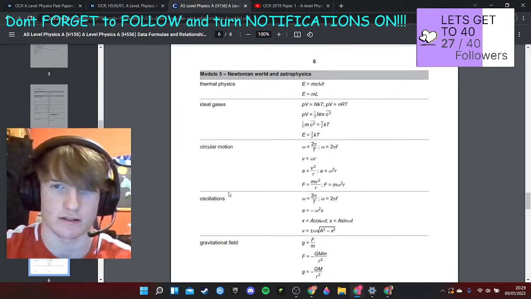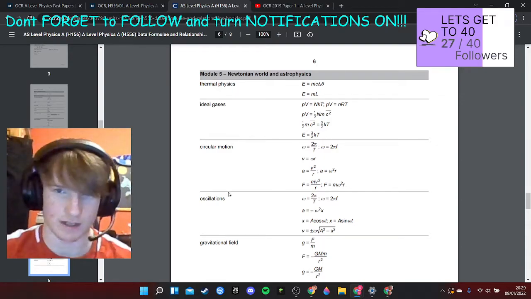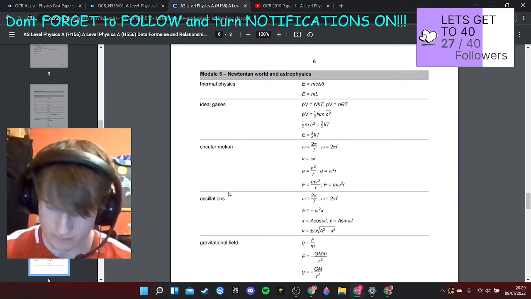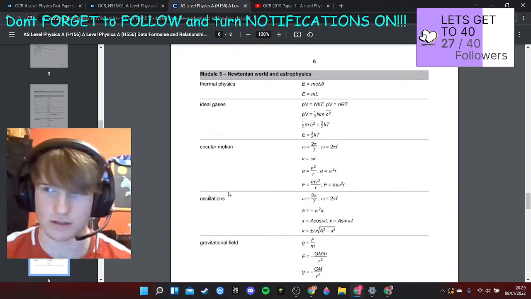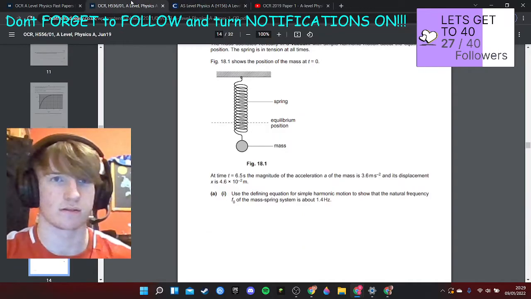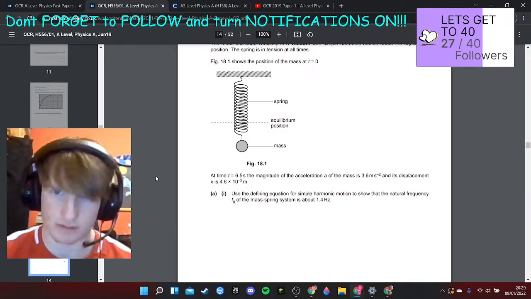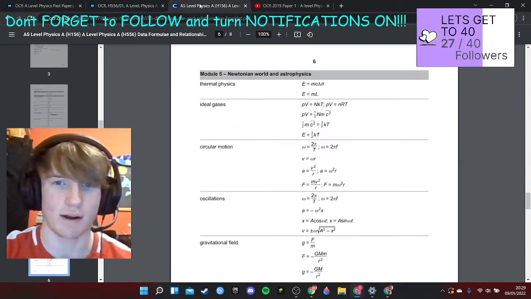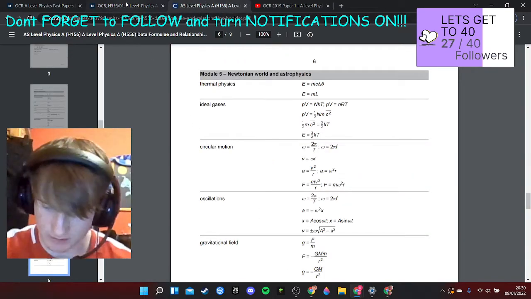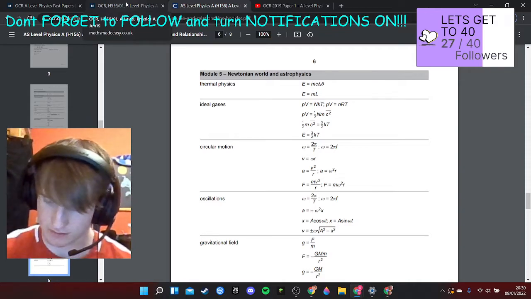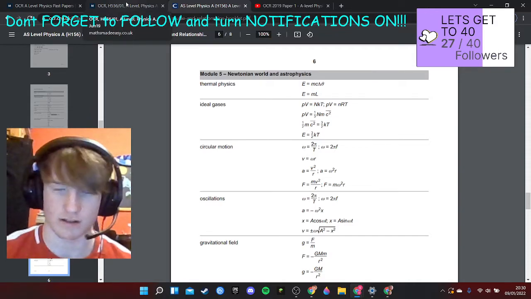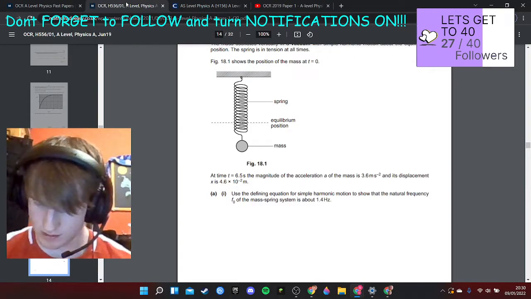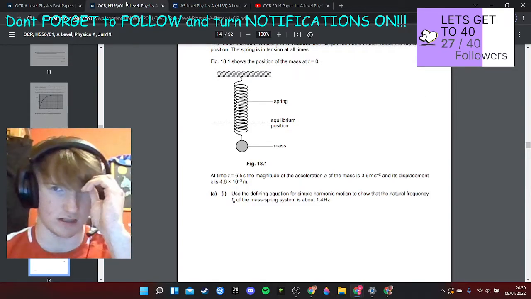Right, I'm gonna try that, and that was a equals minus omega squared x, and then we'll plug in the values. 3.6 equals minus omega squared times 4.6 times 10 to the minus 2.